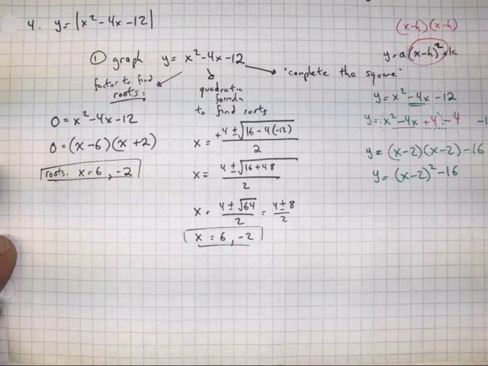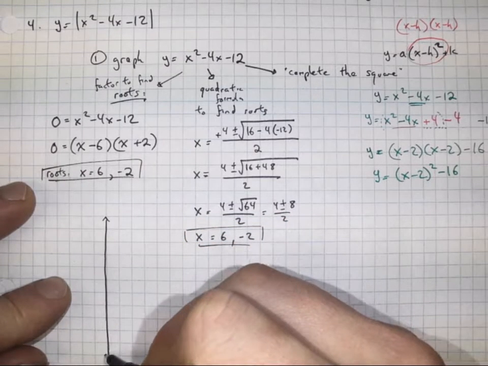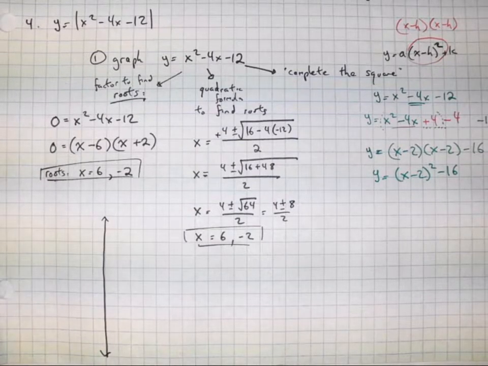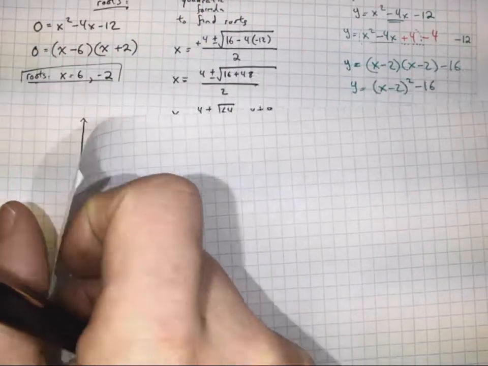All right, so if I know the roots of our function, I don't think I've left enough room. Okay, I'm actually going to grab a new piece of paper so I can do a nice big graph, because I can see that actually we'll benefit from using a lot of extra space.